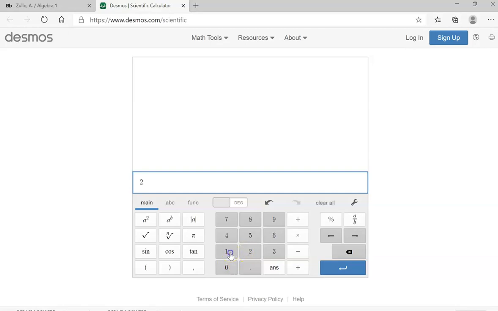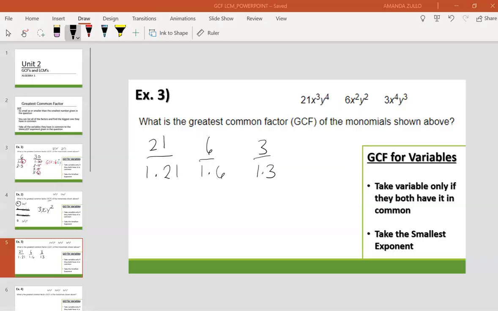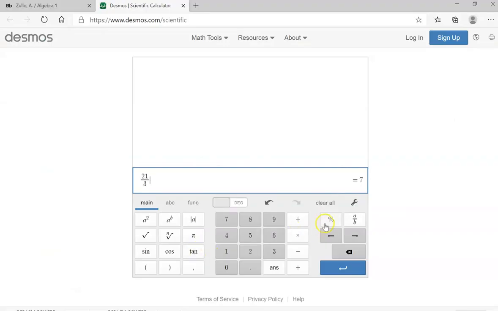21 divided by 3, that's the next number. That gives us 7, so 7 and 3 work. So 3 times 7, they're factors. Let's see if there are any more.